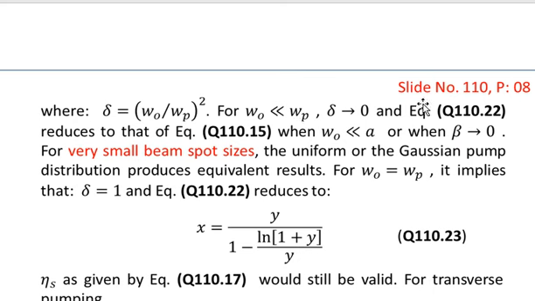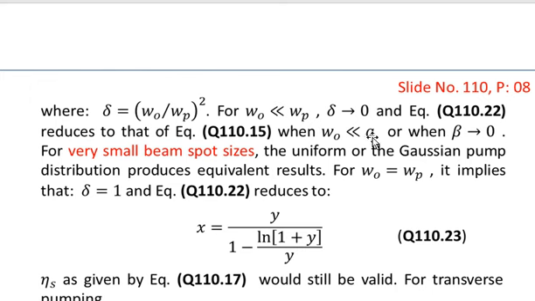Under that condition, equation number 22 and equation number 15 become identical. When W naught is much less than A, or when beta goes to 0, the equivalent condition is also that W naught is much less than A. This is also the same condition, because you can replace R by A, where A is the radius of the cylinder.